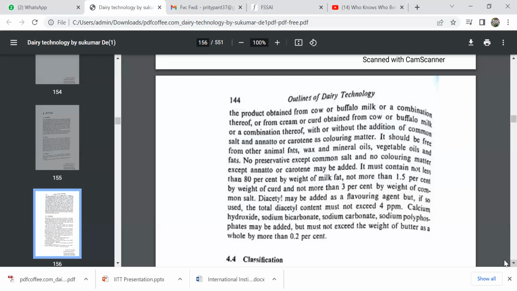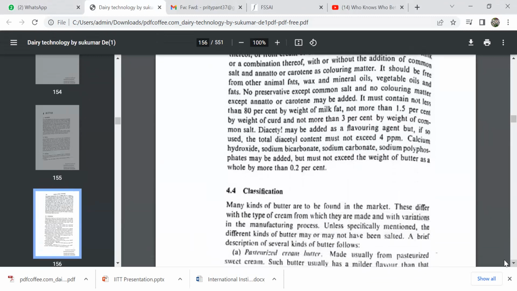Okay, calcium hydroxide, sodium bicarbonate, sodium carbonate, sodium polyphosphates may be added, but must not exceed the weight of butter by more than 0.2%. So these are the important points, you should remember that common salt is the preservative, okay, annatto and carotene as coloring matter, apart from this no other preservative or coloring matter will be added.